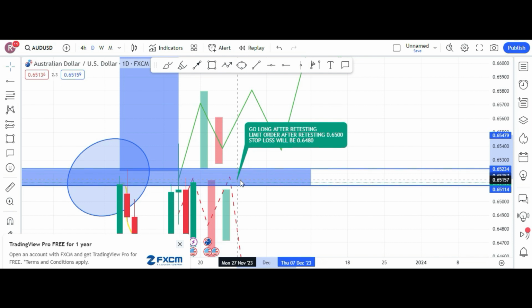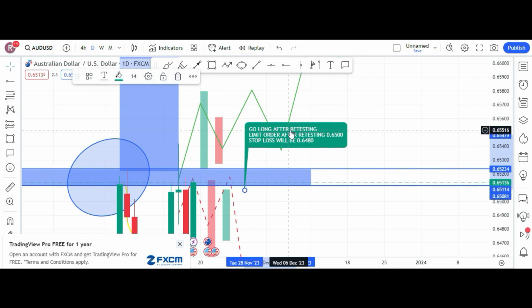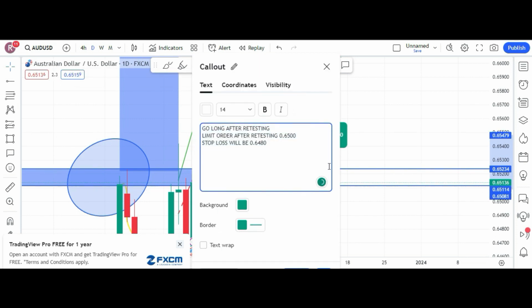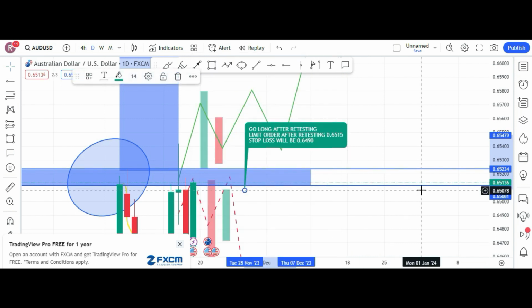It should be 1.5, and I would like to go here for 8. Okay, that is the best thing to do. 0.6515, and here we will go for 0.65495, or 0.6590 will be the good thing to do.